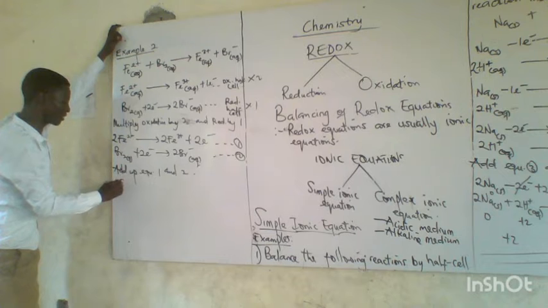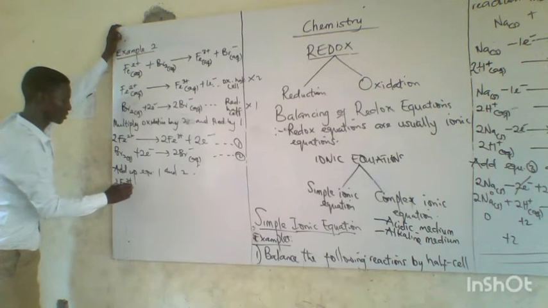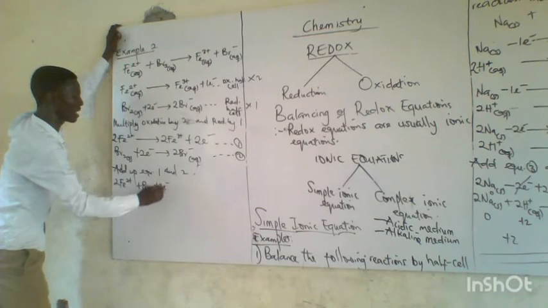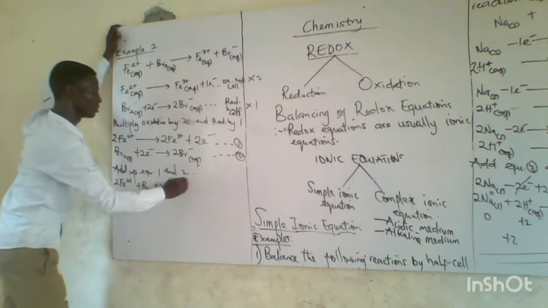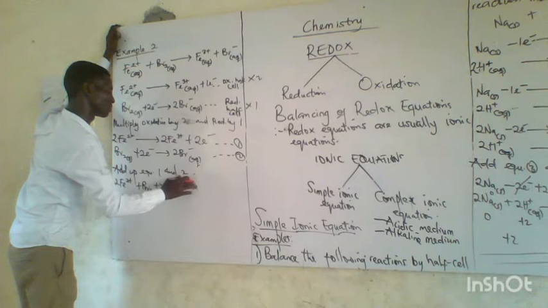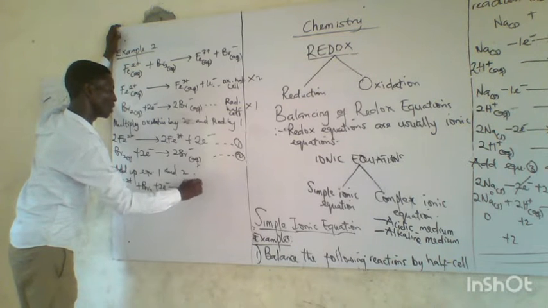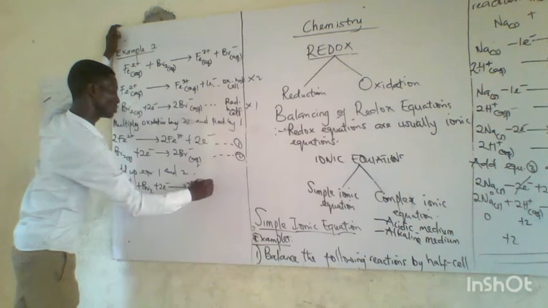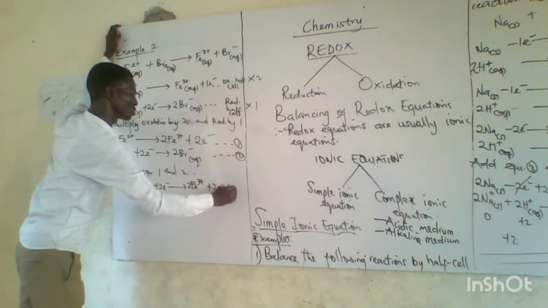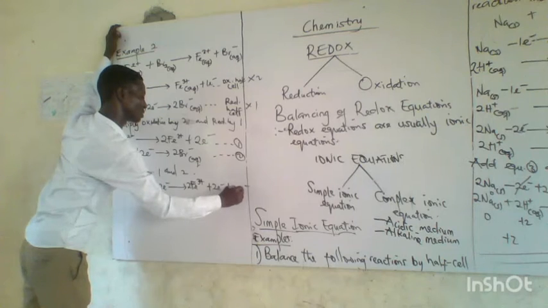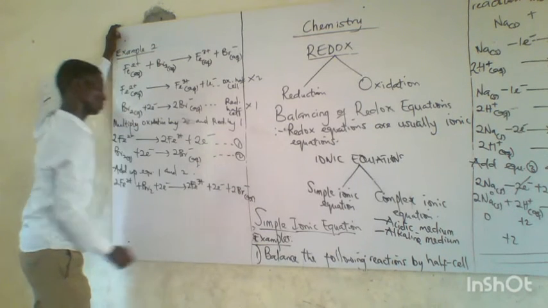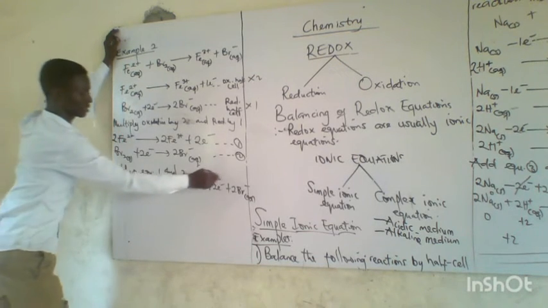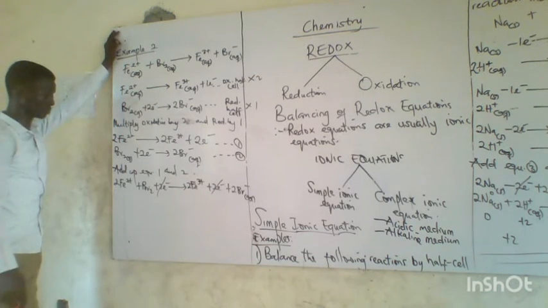So how am I going to add up the reactant and the reactant, the product and the product? So I have 2Fe 2 plus plus Br2 plus 2e minus to give you 2Fe 3 plus plus 2e minus plus 2Br minus aqueous, right? Since I have that, can I cancel the charges? Yes, the electrons will be cancelled.